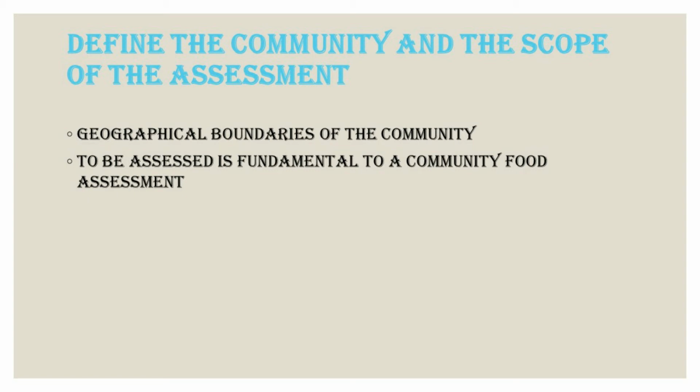Or is it more narrowly focused on food access in a particular low-income neighborhood? Knowing what and whom you are going to assess helps to refine planning and the development of tools such as surveys and questionnaires.